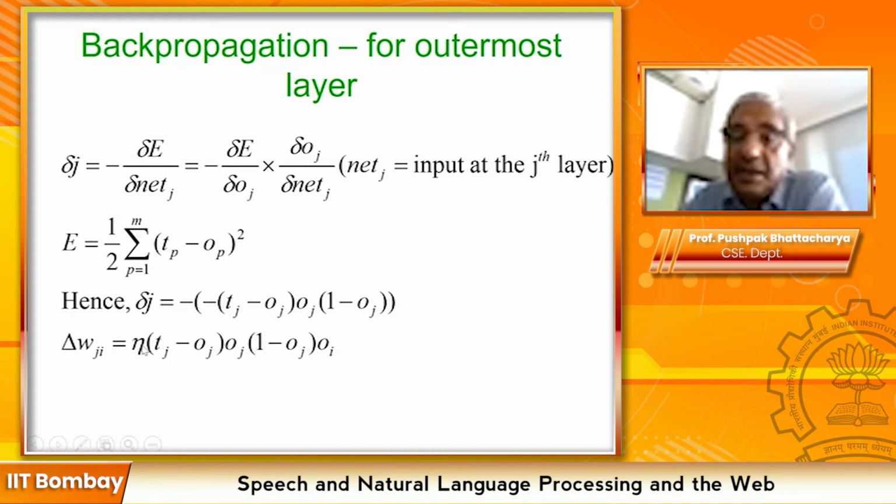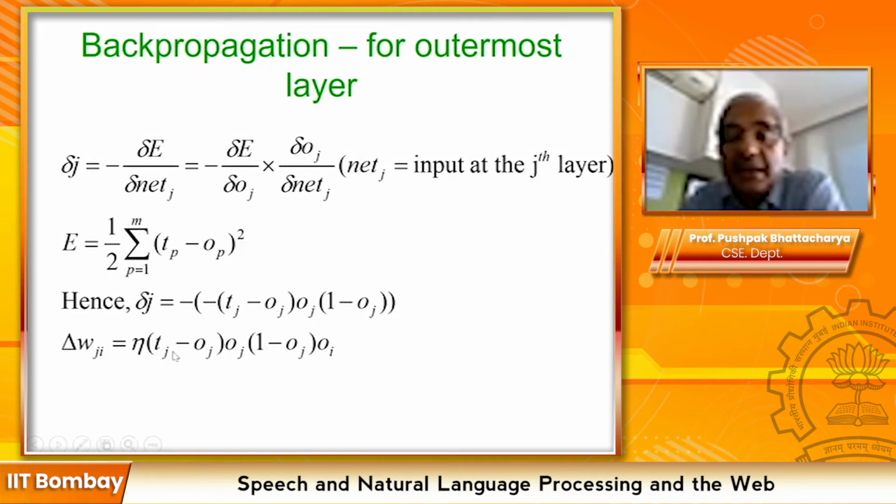What is the quantity? First of all, learning rate. Then tj minus oj is the difference of the observed value from the target value. This is like an error term. oj into 1 minus oj is the derivative of the sigmoid, and oi is the input arriving at the connection.